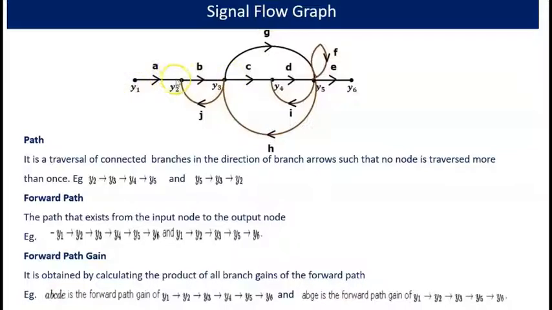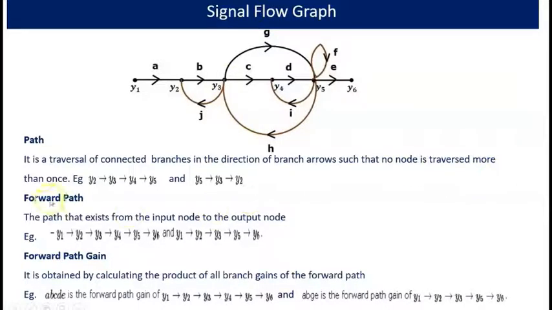So y1, y2, y3, y4, y5, then again y3, y2, is not a path. But y1, y2, y3, y4, y5 is a path. Then again y3 a second time, so it is not a path.